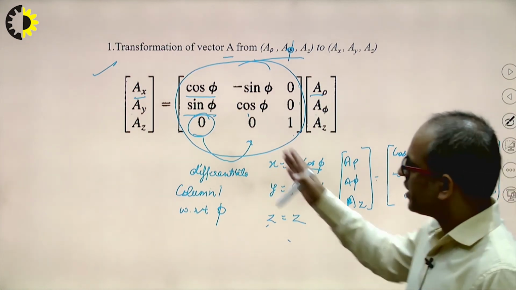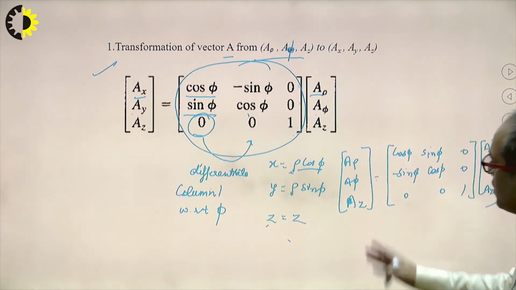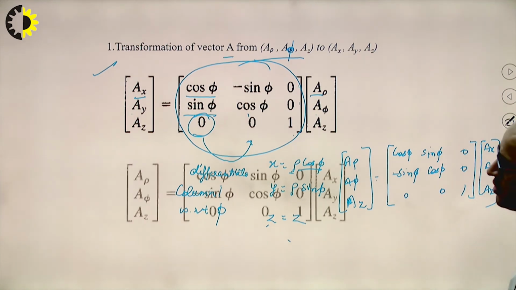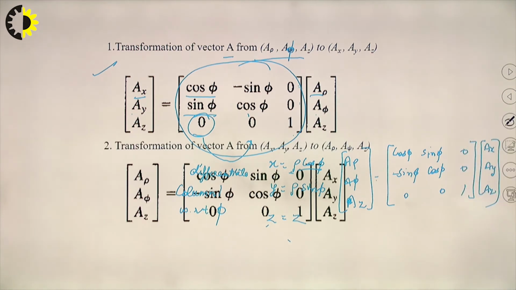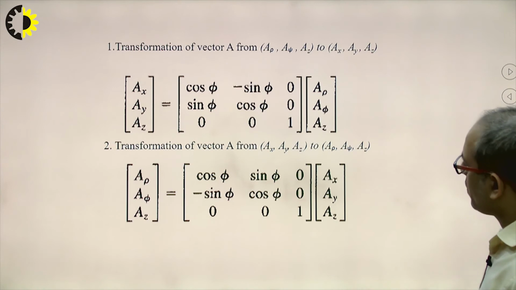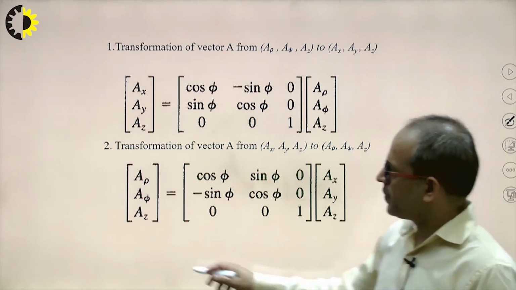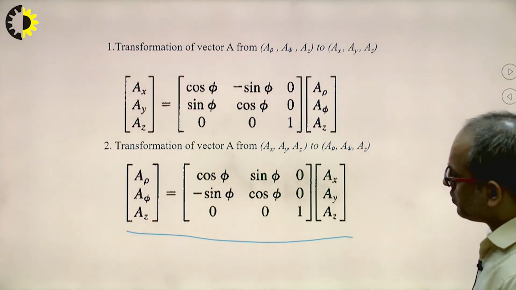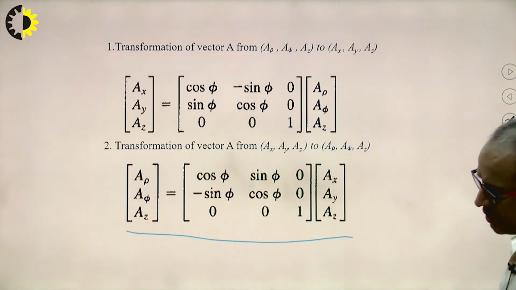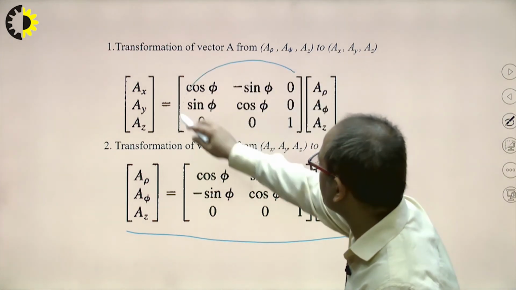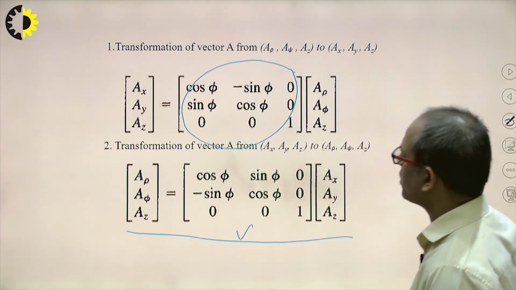Clear? Just take the transpose of this matrix and you will get the vector transformation from the rectangular coordinate system to the cylindrical coordinate system. So this one is the vector transformation from cylindrical to rectangular, and the transpose of this one will be this one.